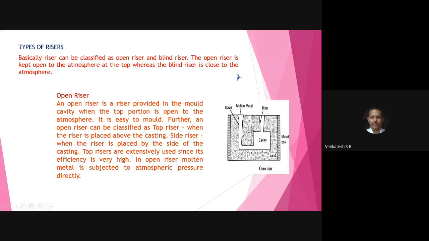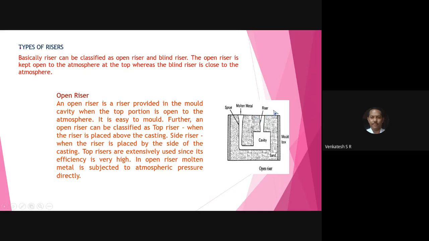When you pour the liquid metal into the mold cavity through the gating system, it fills the mold cavity, and as soon as the mold cavity is filled, the metal rises in the riser. All of you see the overhead tank, on its side there will be an air pipe or air vent. So what is the function of that air vent?